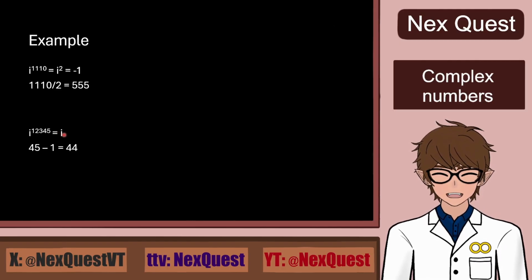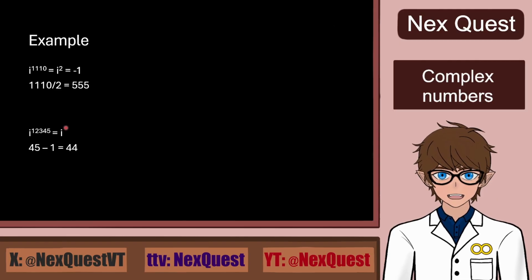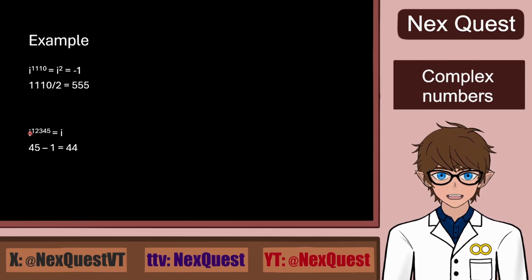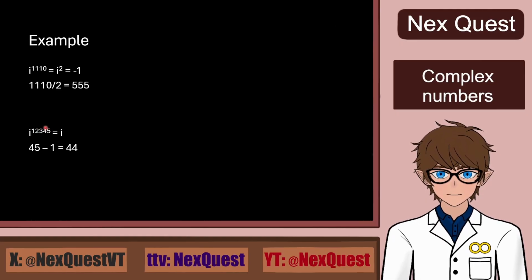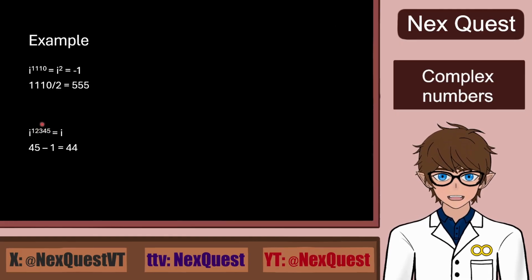You're free to fact check this, or you can take the slow route and take out multiples of 4 from the exponent until you get down to an x that is less than or equal to 4. For instance, in the second example, we can take away 4,000 about 3 times, so altogether 12,000, which leaves us with 345.